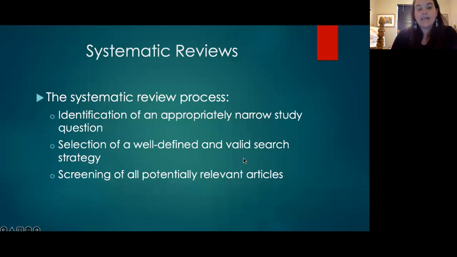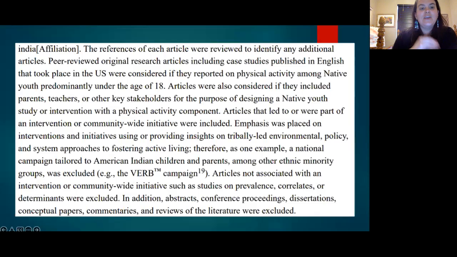After you select that well-defined, valid search strategy and use it, you have to screen all the potential articles that come through. Again, each article was reviewed. So you peer review or you look at specific information from the abstracts, which is kind of a pain, and then you read the full articles.